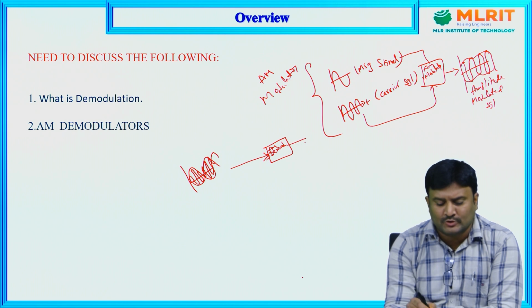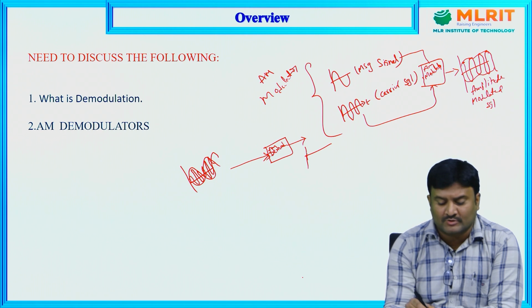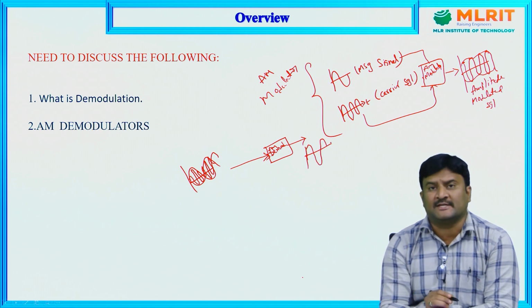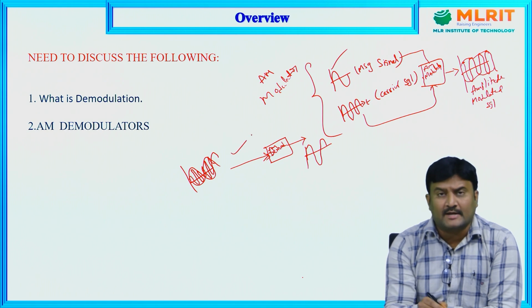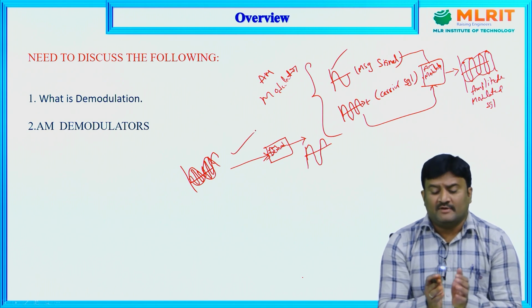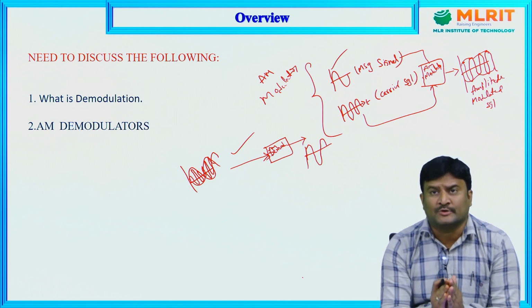Then the output should be whatever information you transmitted to the modulator, that is the output of the demodulator, nothing but the message signal. Therefore, this is the modulator and this is the demodulator. With respect to this analysis, we can conclude that the input of the demodulator is the modulator output.